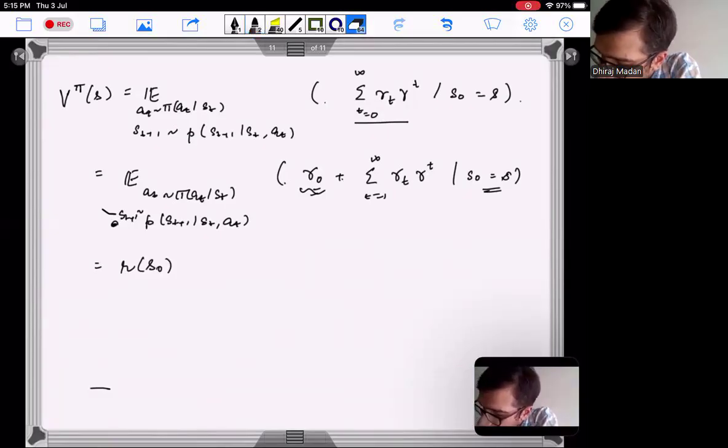I'll write this R as the cursive R, so as to avoid confusion with gamma.